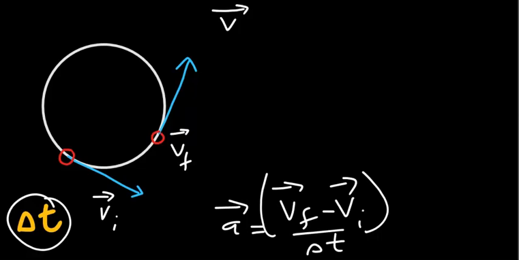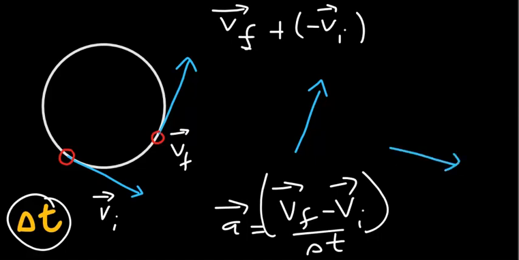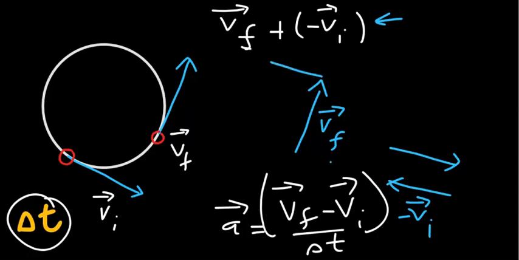So we are taking difference of 2 vectors. So how does a vector vf plus minus vi look like? Vf is going in that direction. Vi is going in that direction as given here. So that means minus vi is going in an opposite direction. So that is the direction of that vector. In order to carry out this operation, to this vf we need to add minus vi, and minus vi is going in that direction.